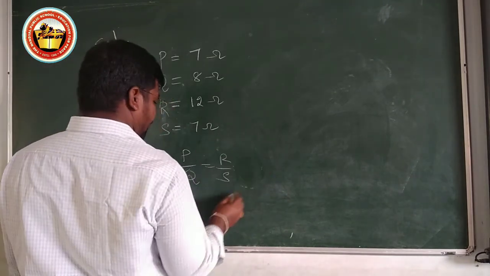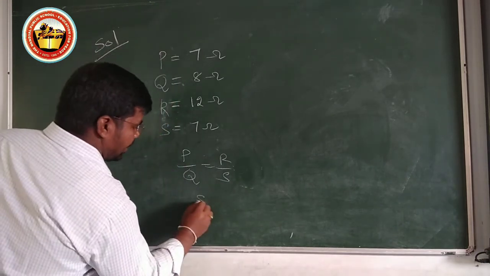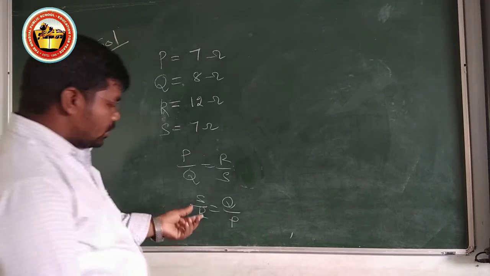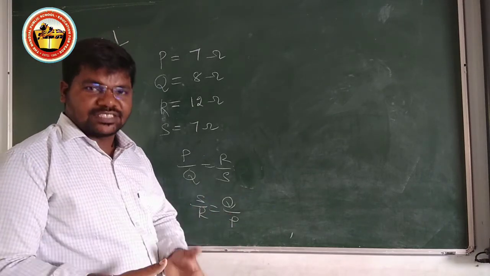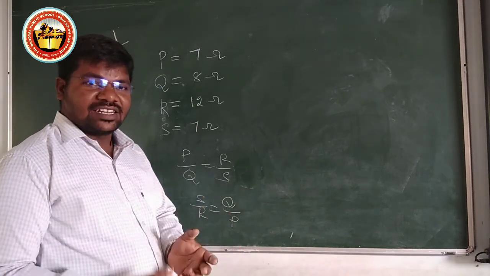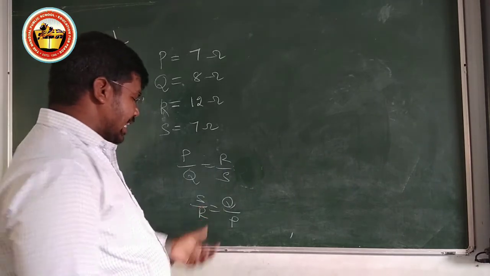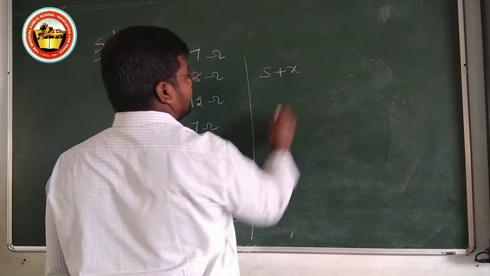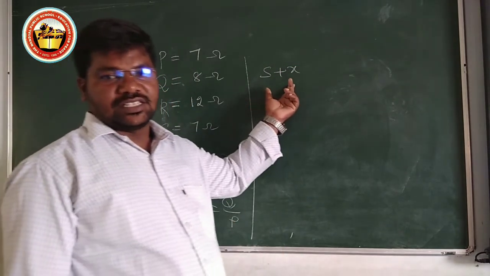Rearranging, S by R is equal to Q by P. According to the question, the added resistance is denoted X, and it is added to S in series, so X is the unknown resistance.